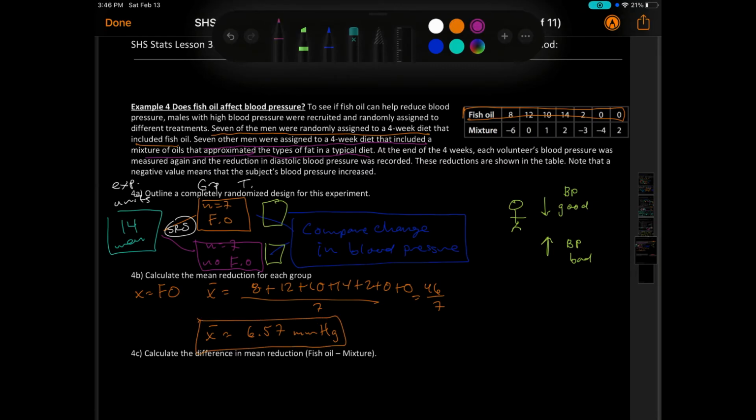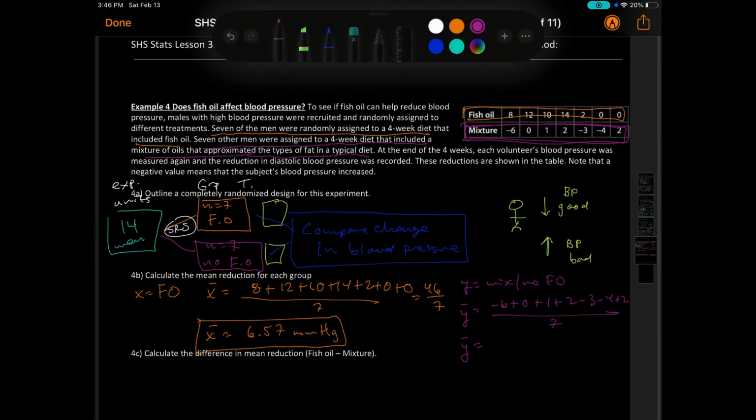Then the pink is the mixture group, or the non-fish oil. So y equals the mixed group, or the no fish oil group. Here I'm defining my variables. Now I'm just going to find the average: -6 plus 0 plus 1 plus 2 plus -3 minus 4 plus 2, divided by 7.